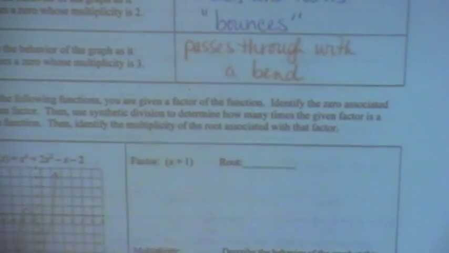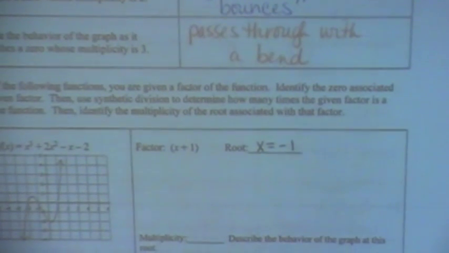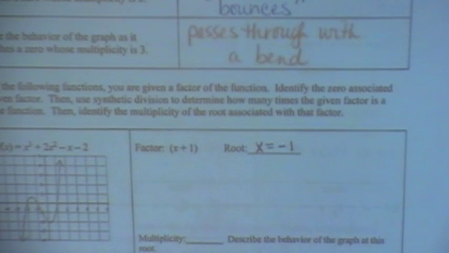Okay, so if x plus 1 is the factor, what's the root? Negative 1. So I'm going to write it as x equals negative 1. We're going to synthetically divide. Make sure that you have all of your coefficients, or add a placeholder if you need it.